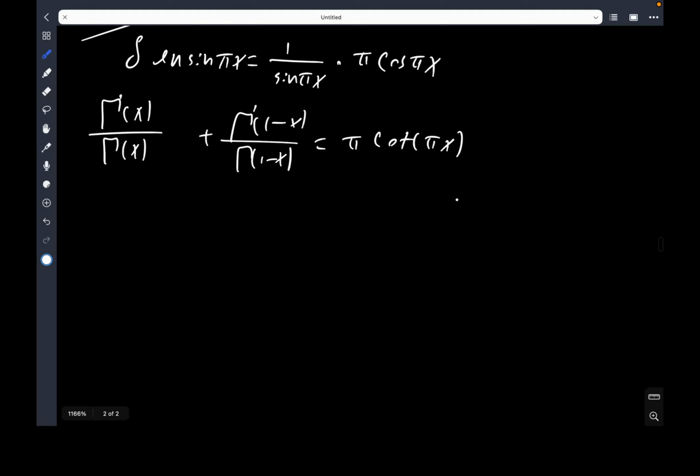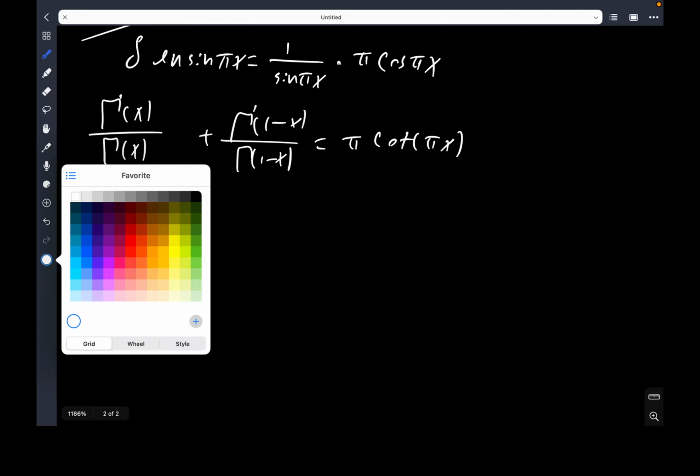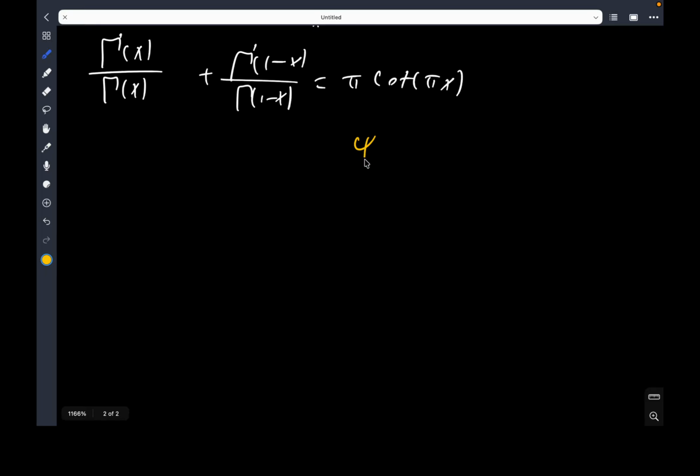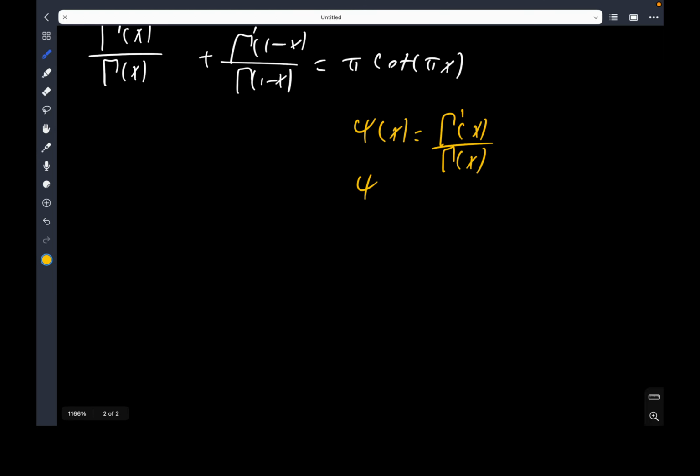Now let's remind ourselves of the digamma function, which is defined as psi of x equals gamma prime of x over gamma of x, and psi of 1 minus x equals gamma prime of 1 minus x over gamma of 1 minus x.